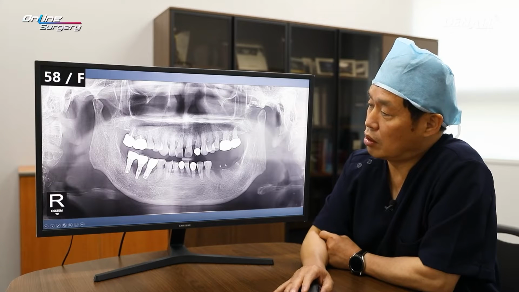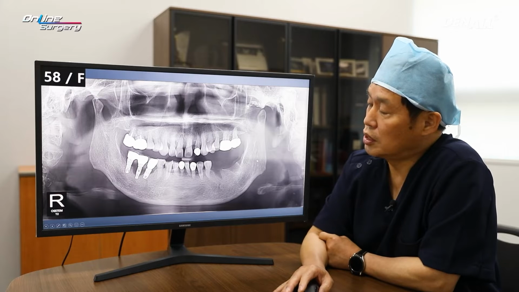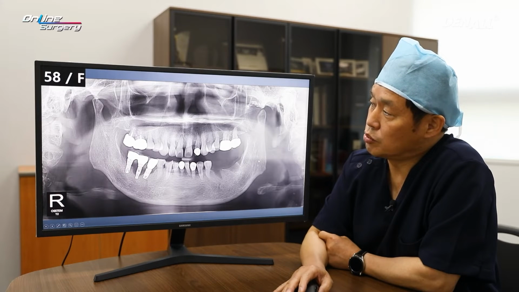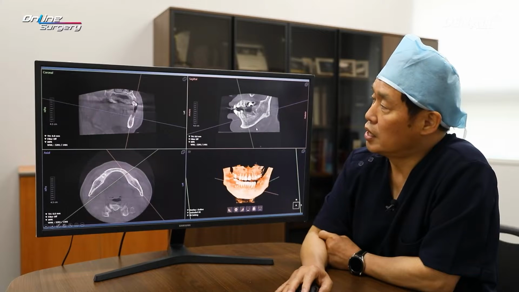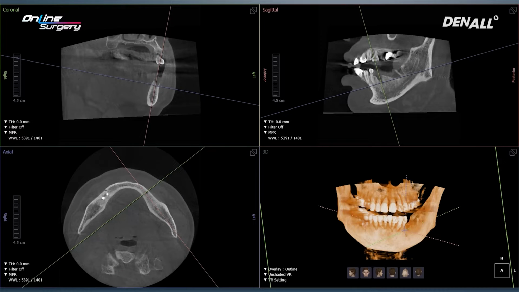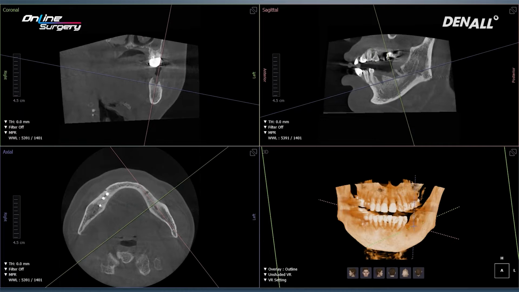And in the case of this patient, she wanted surgery, and I planned for OneGuide surgery. Looking at CT, in number 5, in the extracted area, alveolar bone on the buccal side, there's a lot of resorption. Number 6 was already missing. Number 7 was tilted.